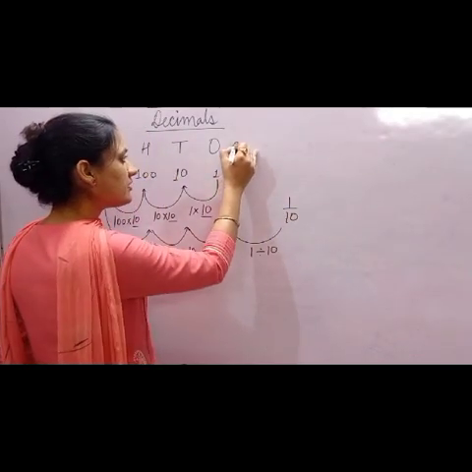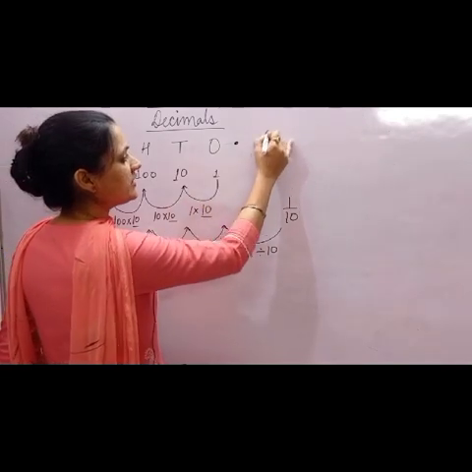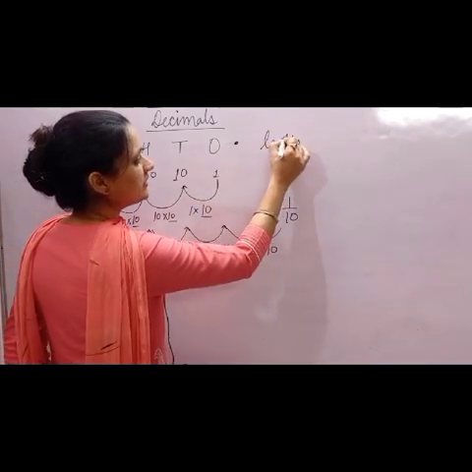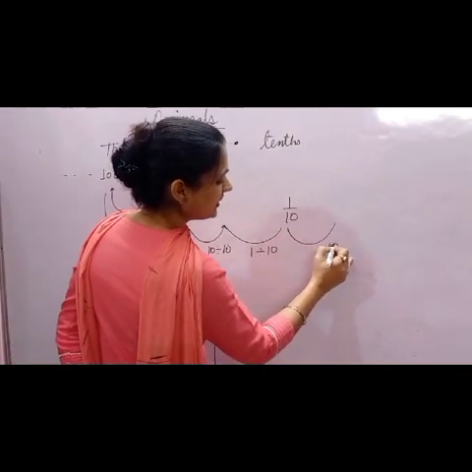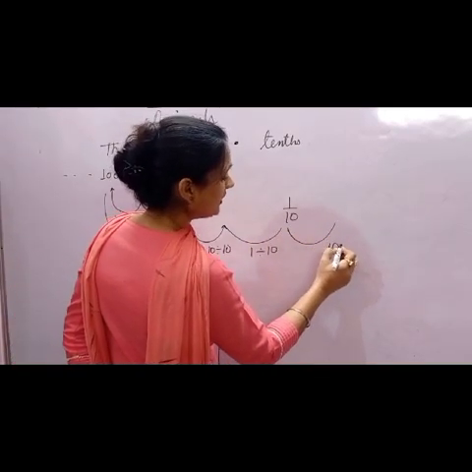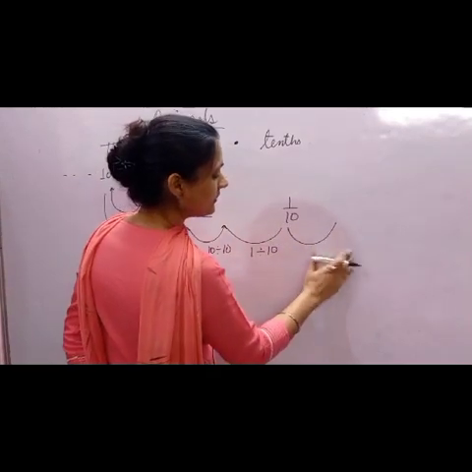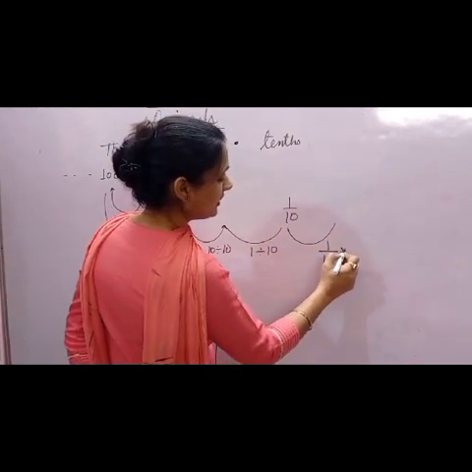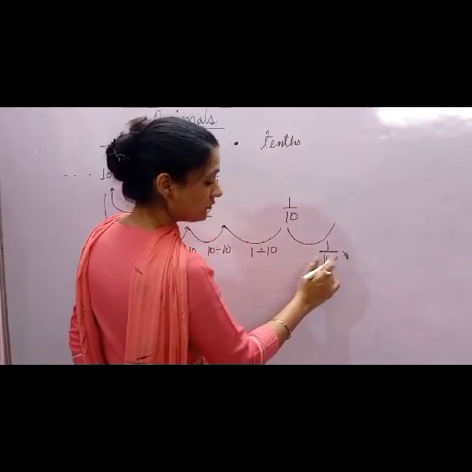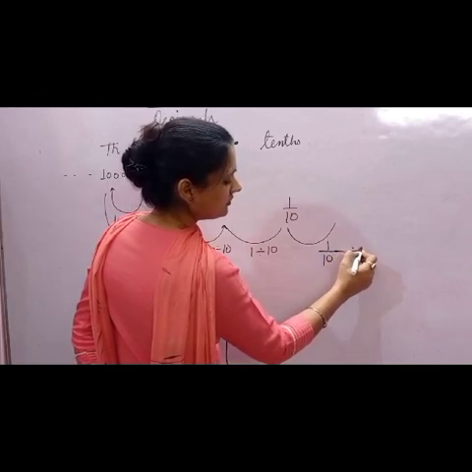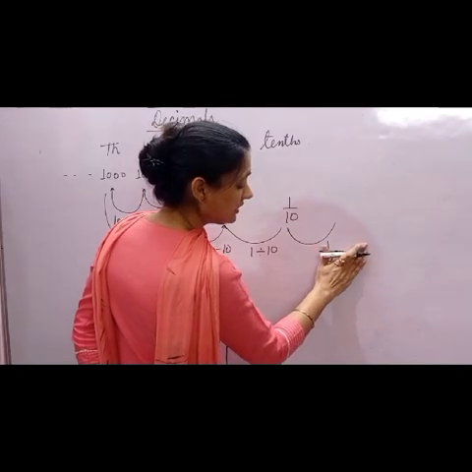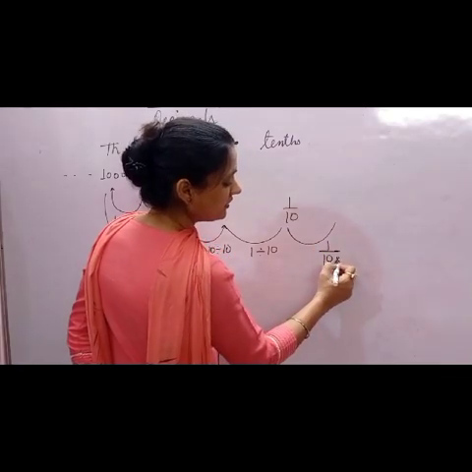So here comes the decimal, and this place is called tenths, right? Similarly, when we move ahead, we divide by 10 again. It is 1 by 10, and dividing again means in the denominator we multiply by 10.